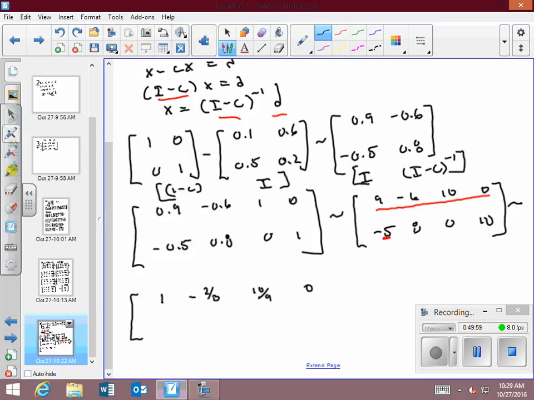I'll just go ahead and take minus 5 times the first row. That would make this 0. I'm going to take, no, I better do this, because when I try and do it the other way, I get confused sometimes.